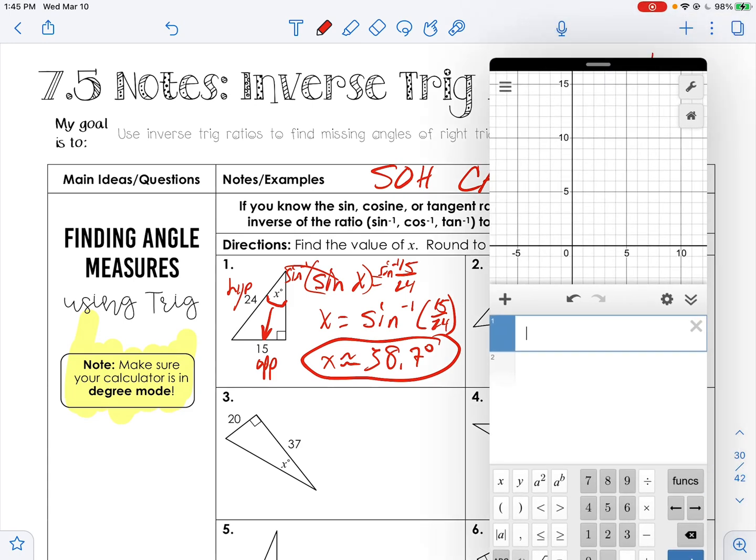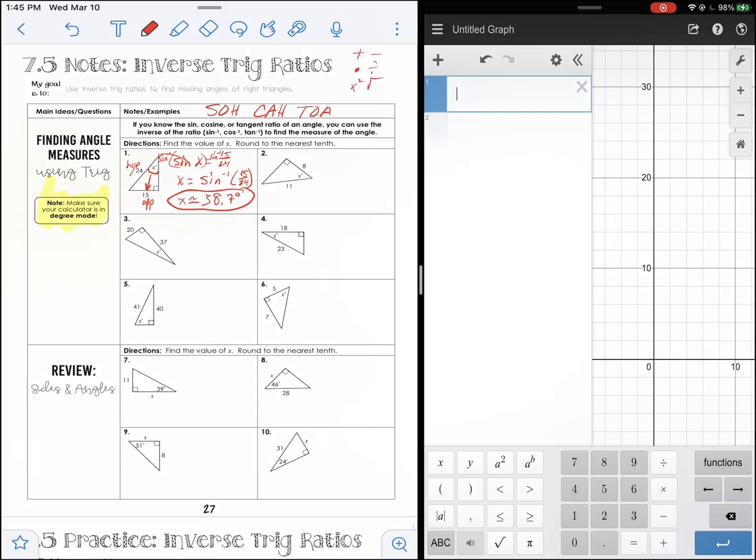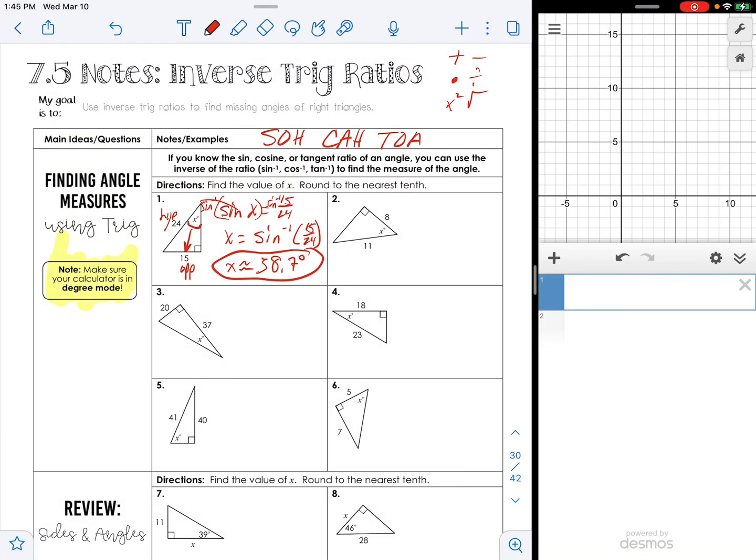Okay, we're probably going to need it a bit, so I'm just going to do a little split screen here. All right, so we got this guy here. This one's the hypotenuse. This one's adjacent. So I can skip a bit and just say that x is going to equal the cosine of the -1 of my fraction, adjacent over hypotenuse, so 8 over 11.